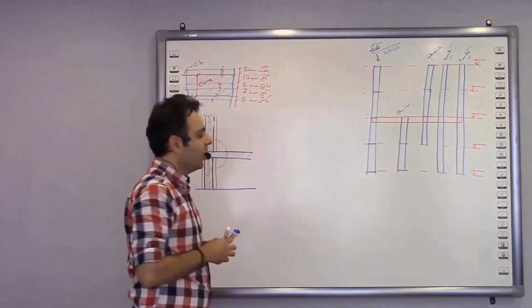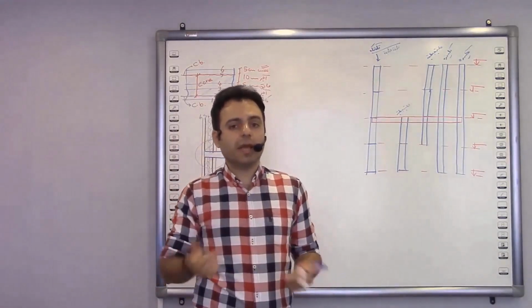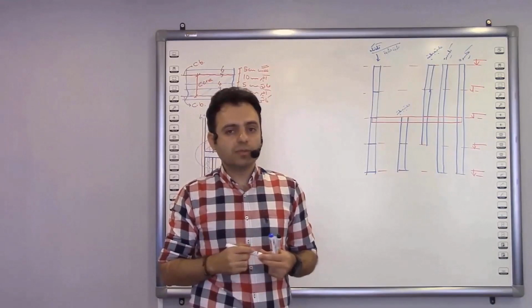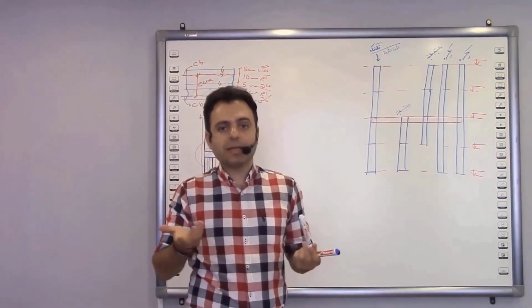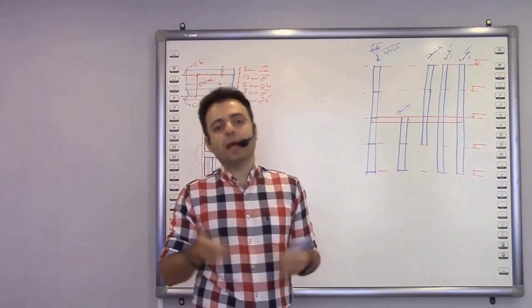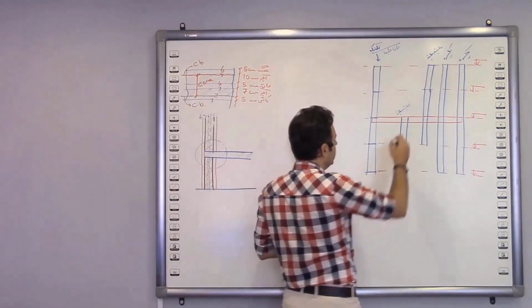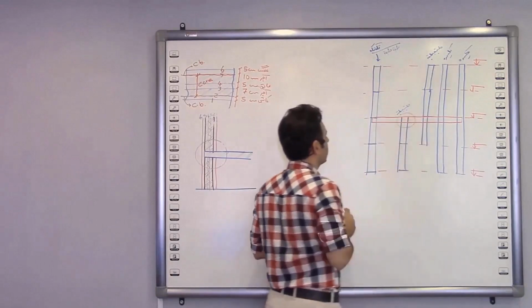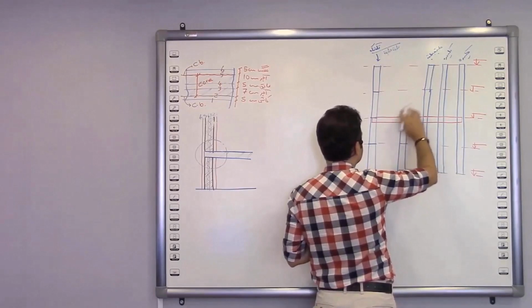Now we have some interference between the wall and the floor. And if you remember the previous session, I told you that you should ignore it, that I will tell you later. Now I'm here to talk about it. We have an interference in here.